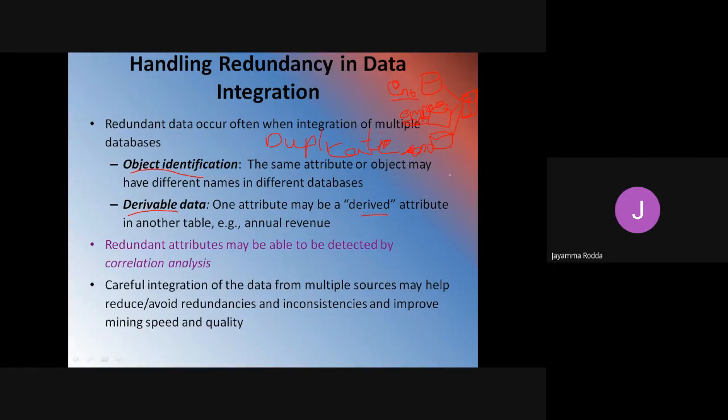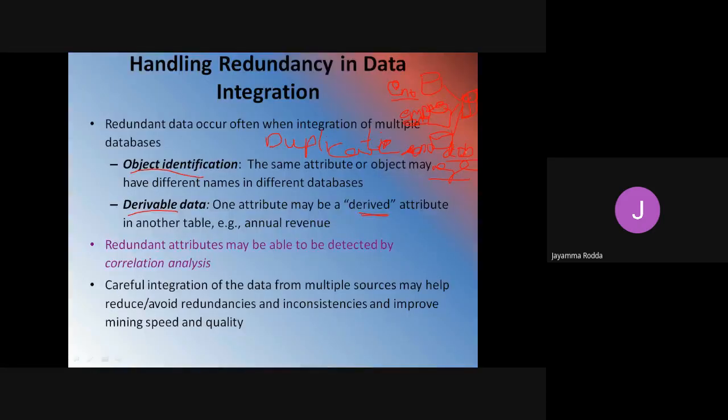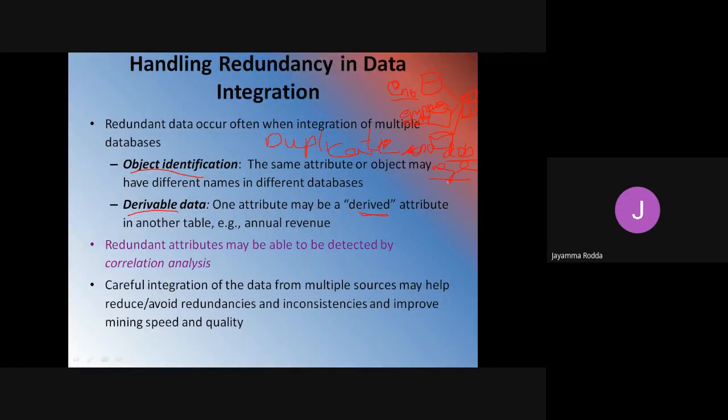Derived attribute means, like if I say age, the attribute age is a derived attribute. Where is it derived from? It is derived from date of birth, because if I know your date of birth, I can say how old you are. I can define your age.